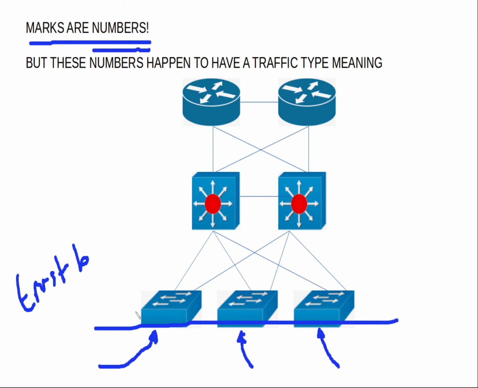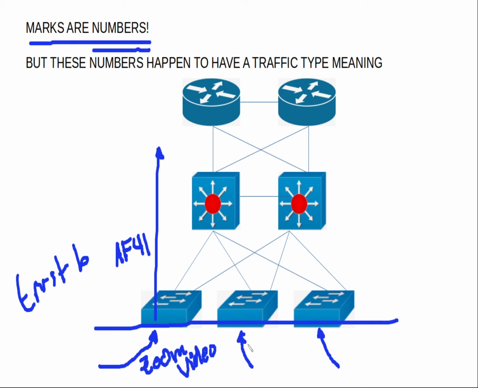So for instance, we can have a packet here that arrives and it happens to be a Zoom video packet. So we might classify it successfully and mark it with a value that we are going to say, for instance, will be AF41 for video.